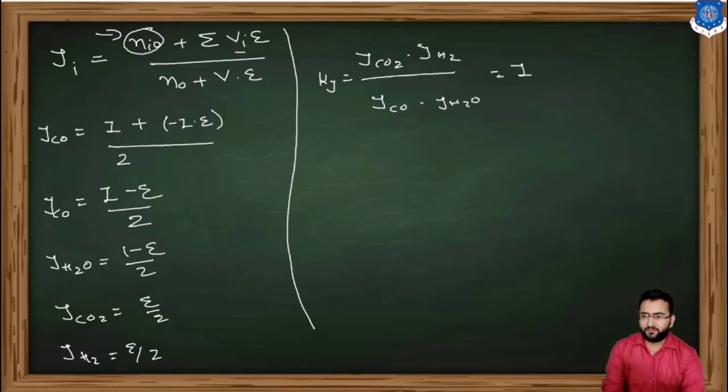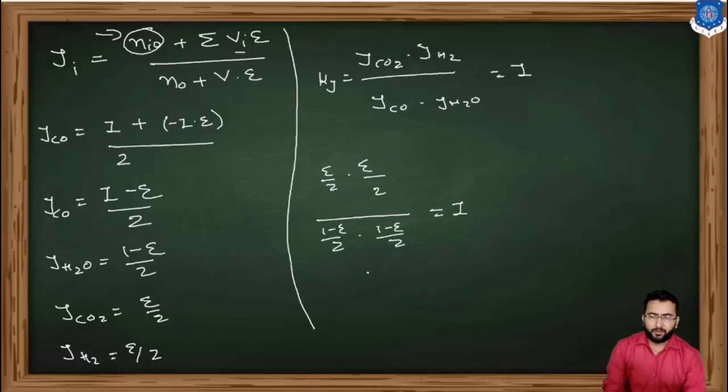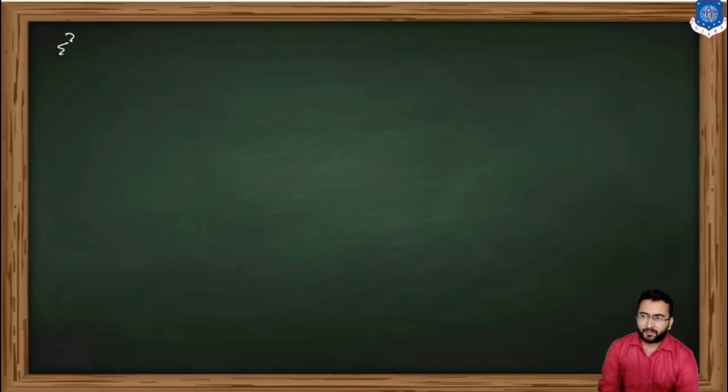So putting the values of all these, y of CO2 is epsilon by 2 into y of H2 is epsilon by 2, upon y of CO, 1 minus epsilon by 2, into y of H2O, 1 minus epsilon by 2, is equal to 1. Okay, so simplifying this step, we will get epsilon square upon 4 upon 1 minus epsilon whole square upon 4. This 4 becomes cancelled, equal to 1. Okay, so we will get epsilon square upon 1 minus epsilon square is equal to 1.